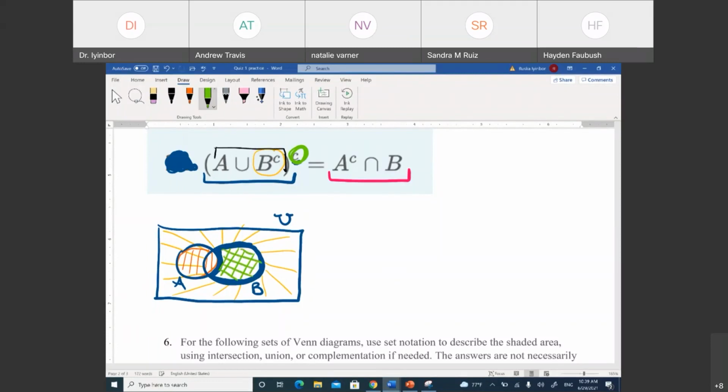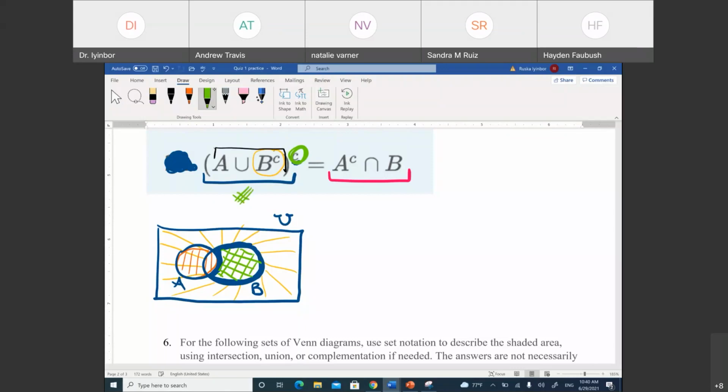Everybody understand that? So the complementary is opposite. If A is inside, A complementary is outside. If the area is outside, the complementary is inside, opposite. So this green shaded area is my answer, right? So the area for the right side is this shaded area.